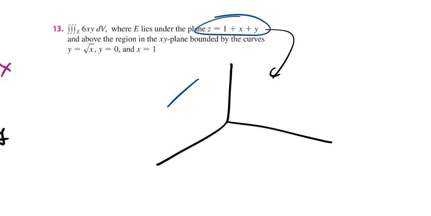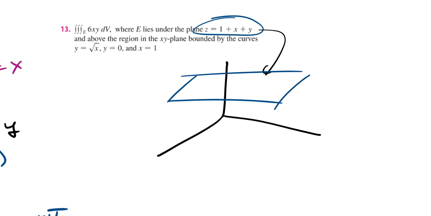You can work with the integration regardless. It's not horizontal. It looks like something else. I'm purposely not graphing it correctly because for this problem it just doesn't matter, because really the only thing going on in the z direction is just that plane.